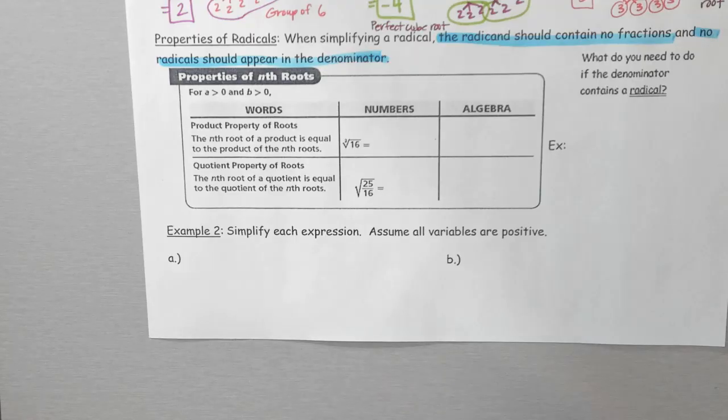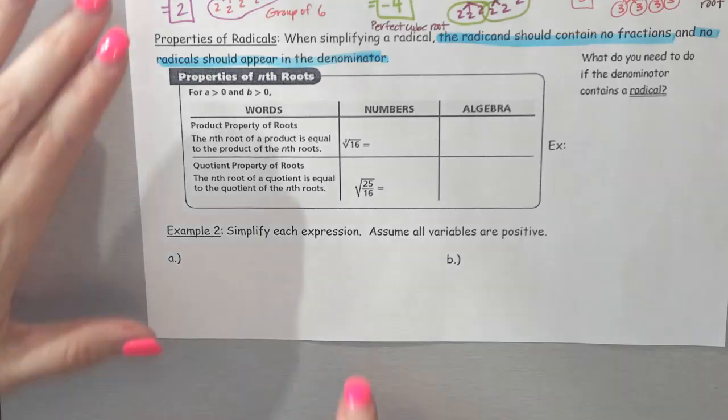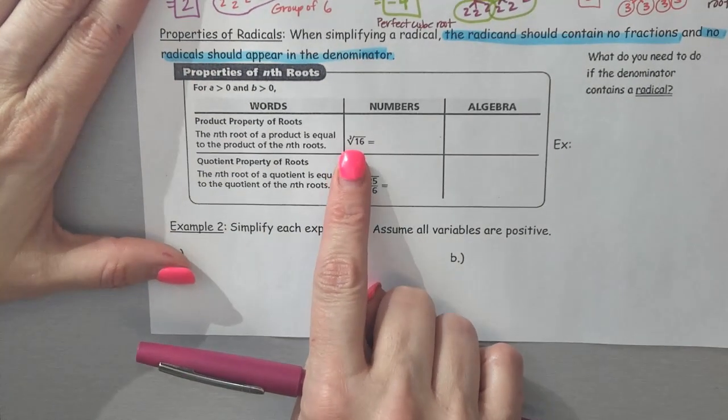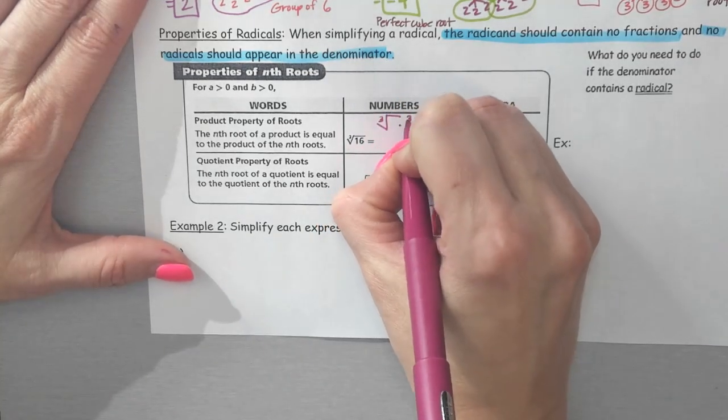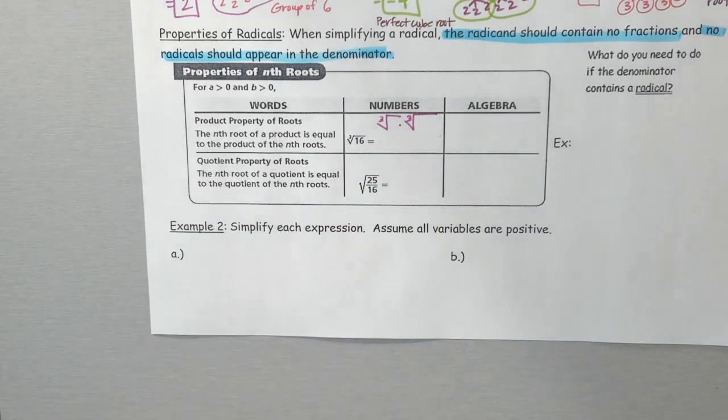One of them is going to help you pick out the perfect values. So we've been doing this with square roots. Now we're going to extend it to different types of roots. So I have the cube root of 16 here. I can rewrite that as the cube root of 2 other values. We've worked with perfect cubes a little bit. What's the first perfect cube?